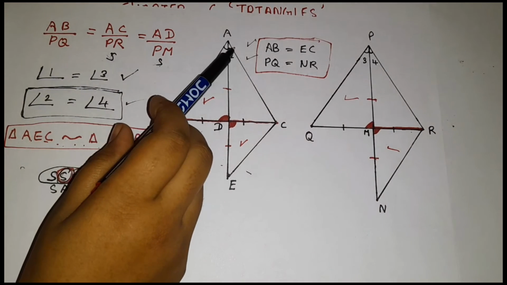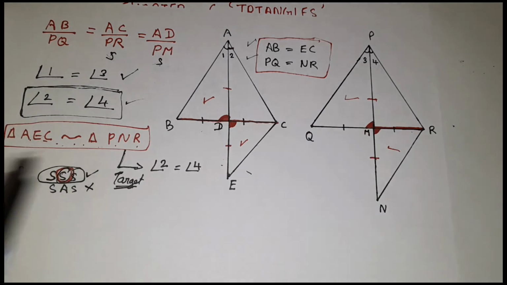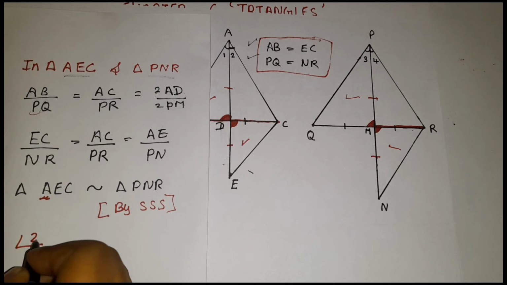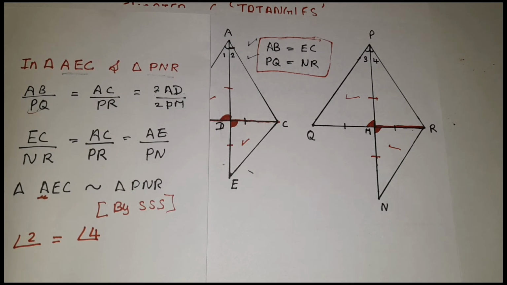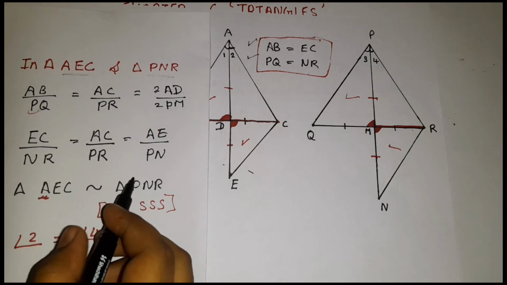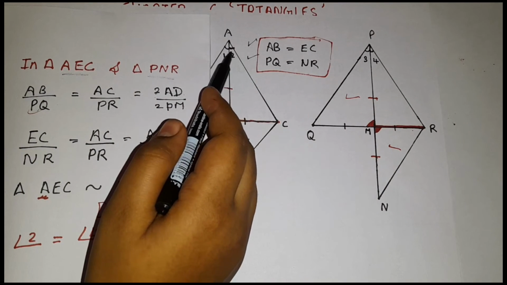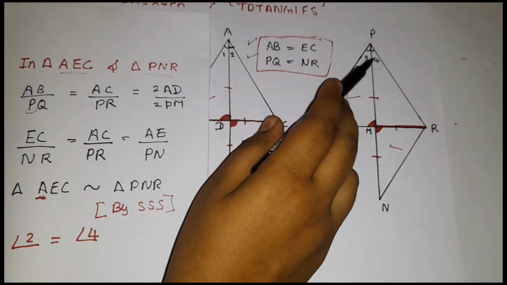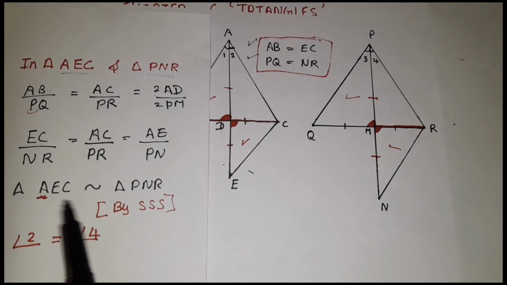It is lying on angle A, and on angle P. So no need to mention this, we can directly write angle 2 is equal to angle 4. Why? Because angle 2 is lying on angle A, and angle 4 is lying on angle P. Am I right? That is the meaning of it.